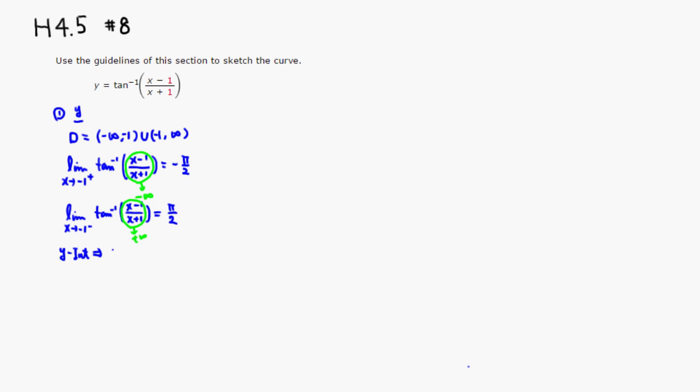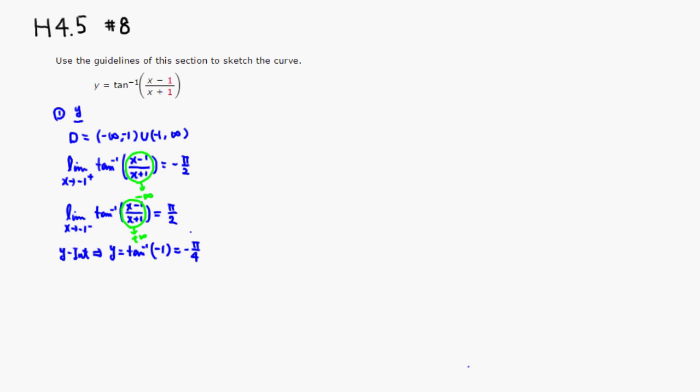We're going to set x equals 0, so y equals arctangent of, let's see, 0 minus 1 over 1, negative 1. Right, which is, let's see, arctangent of negative 1 would be negative pi over 4. Alright, so we got that.